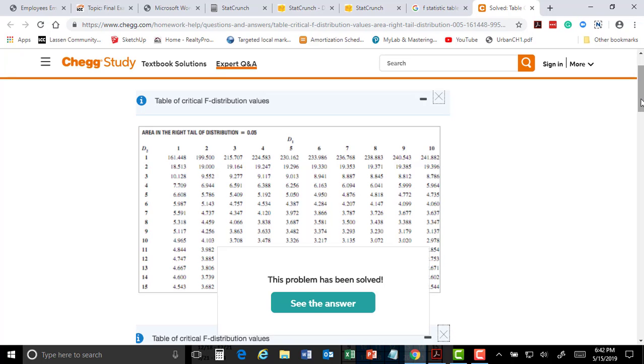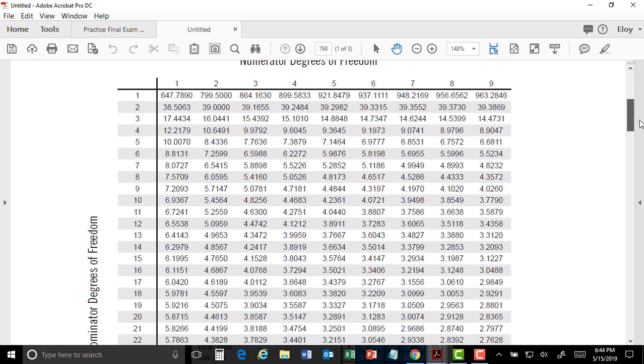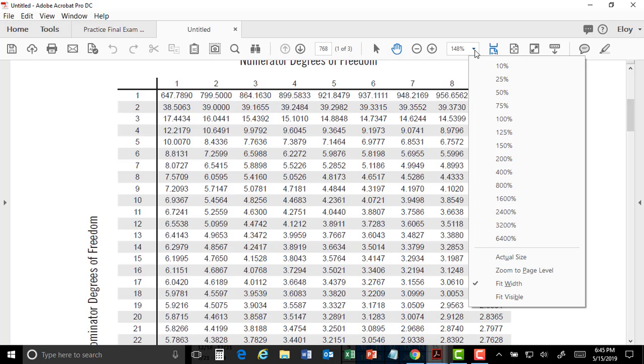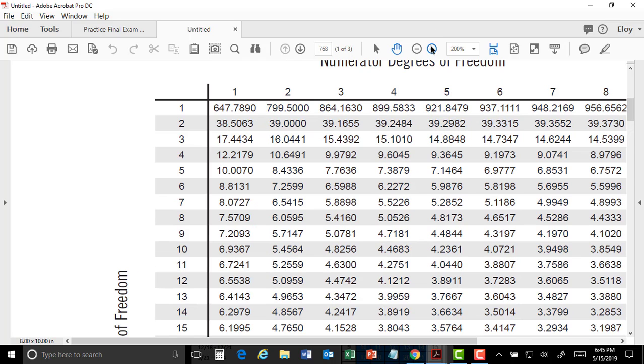But this is a two-tail, so we probably should be looking for 0.025. I don't even know if it's in here. Now I can make it bigger even. There's just a little twist that you gotta know.